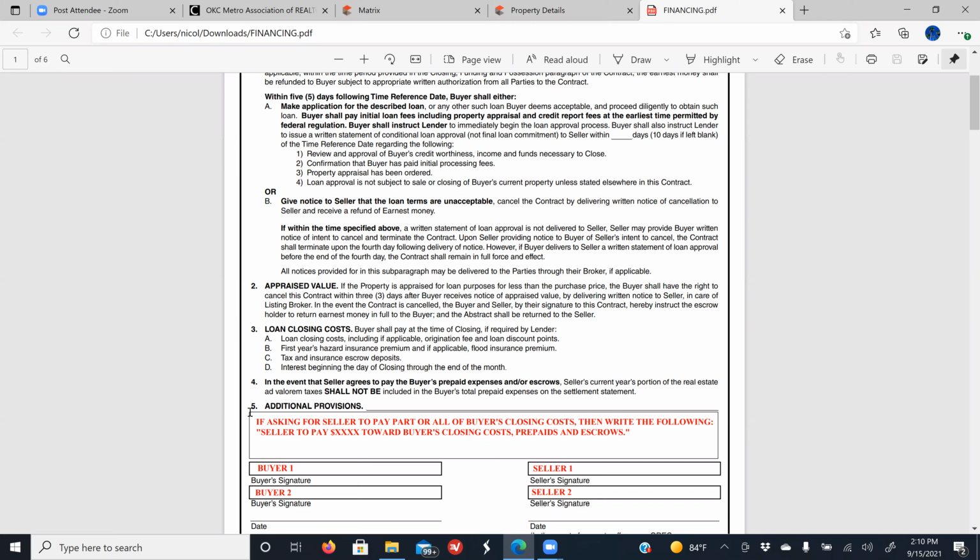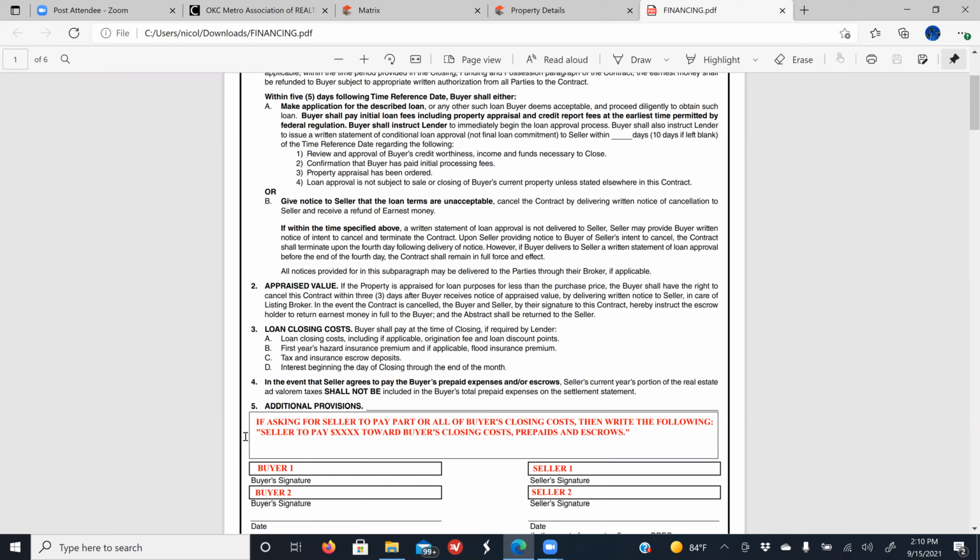Now, on the additional provisions, if the buyer wants the seller to contribute towards the buyer's closing cost, then on the conventional loan form, you would need to write that into this open text field. You would simply state seller to pay X amount of dollars towards the buyer's closing cost, prepaids, and escrows, period. That is all that you need to write there.